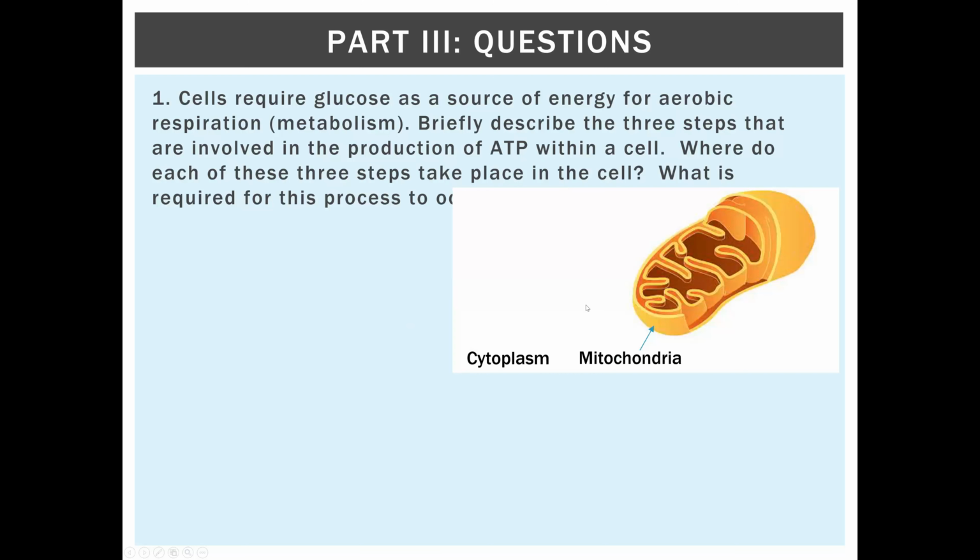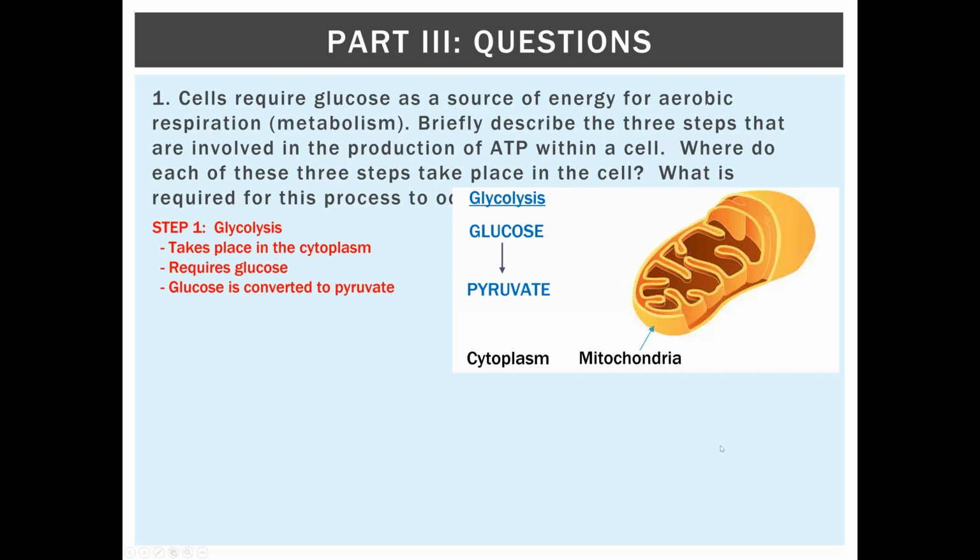So we're going to talk about things that happen in the cytoplasm versus things that happen in the mitochondria. So step 1 is glycolysis. Glycolysis takes place in the cytoplasm. It does require glucose, and glucose is converted to a molecule called pyruvate. So we're not going into all the detail that's possible. We're just doing a summary.